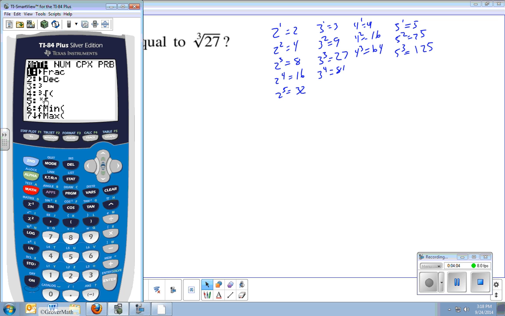But choice 5, where it has an x in front of a radical, that's how you do any root you want. The number you push is going to go where the x is. So since we put a 3 in our calculator, when we hit this, it's going to go to cubed root. If we put a 7 and then this, it would go to 7th root. So choice 5 is how you do that. And then you could type in 27, and that'll get you the answer 3.